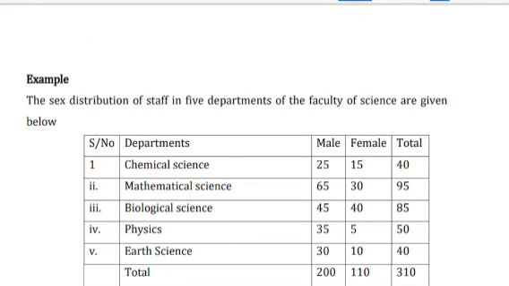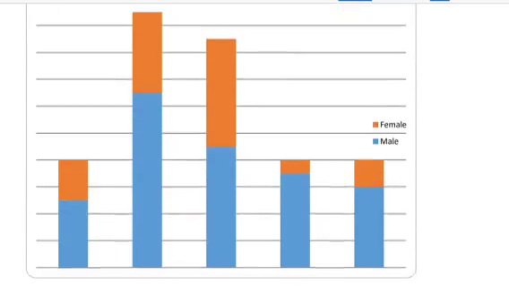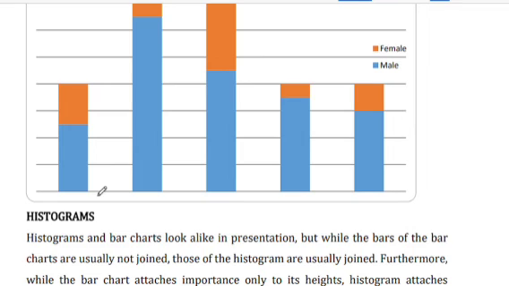Yes, 25 and 15. So if I go to the component bar chart, 25 plus 15 is 40. So you can see that when you do this, you have 10, 20, 30, 40.